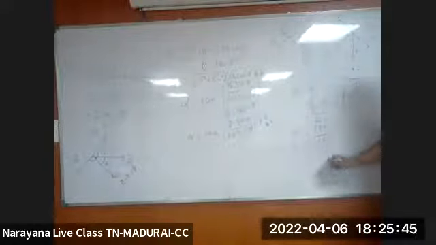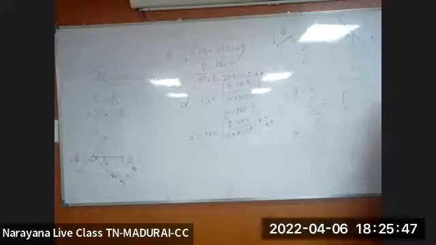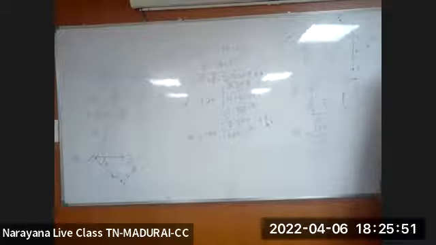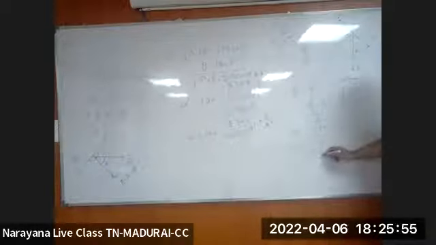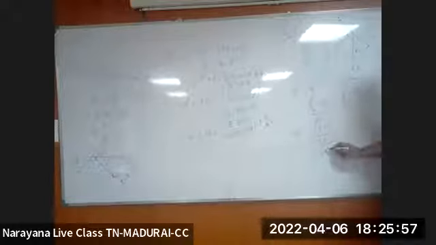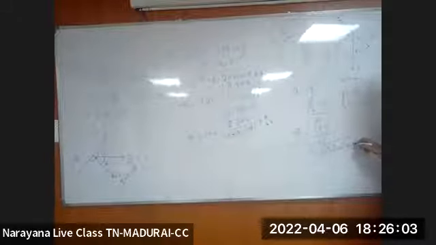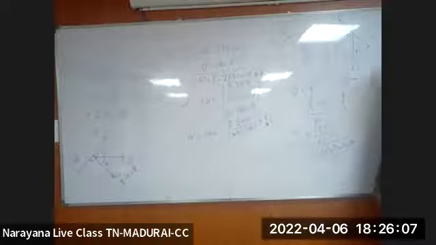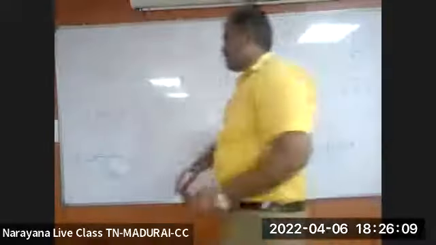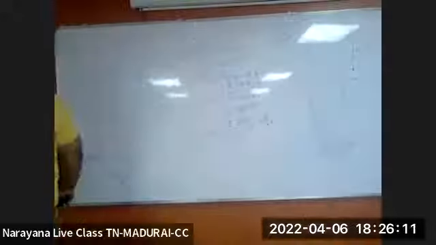Under root of a square plus b square minus 2ab cosine of theta. So shall I substitute directly without wasting time? A square means v square, plus v square, minus 2v square cosine of theta, whole divided by time taken. Yes or no? So if you simplify this, what will you get?